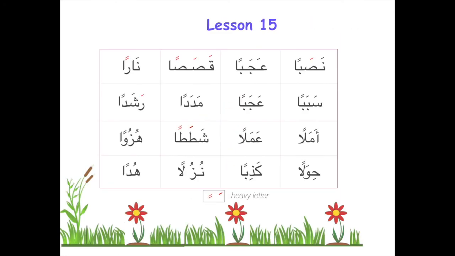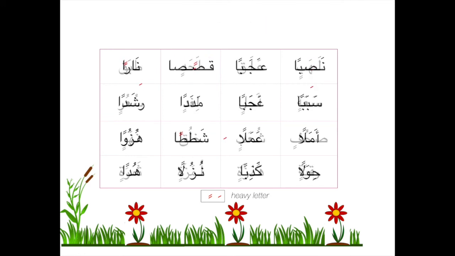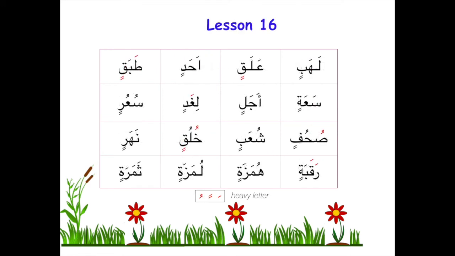And you can see here, lesson 15, we looked at the fathatan. So it's here, na, sa, ban. So we're now bringing in the un sound here. Ja, ban. And lesson number 16, we looked at the in sound, kasratan, la, ha, bin, ala, qin, a, ha, din, ta, ba, qin, and so on.